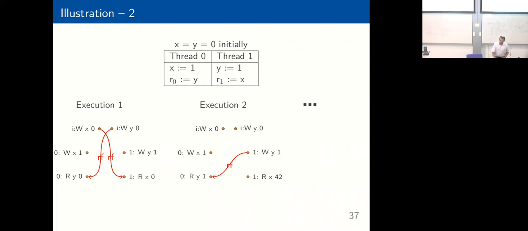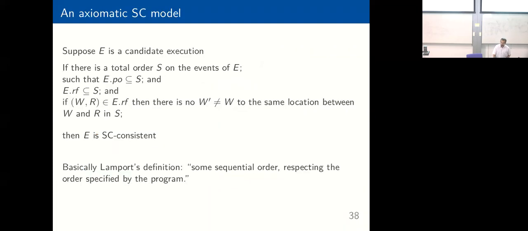To show you an example, remember Lamport's sequential consistency. Here's a formal definition of sequential consistency, basically taking Lamport's words and expressing them in more symbolic terms, as it were. I'll read it out to you and go over it step by step.